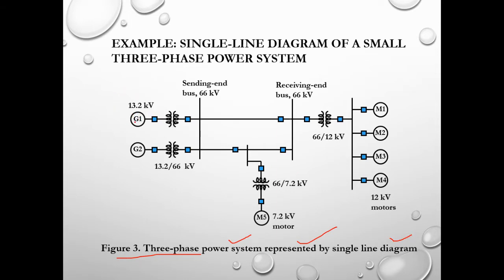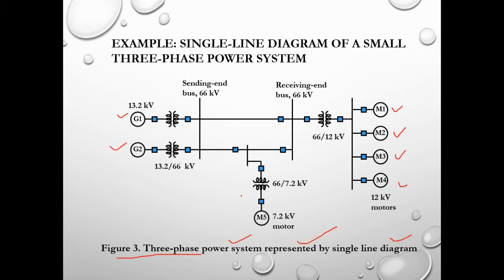The symbol of this circle on the left hand side of the figure can be a generator, or the symbol of a motor at the right side of the figure, M1 up to M4.